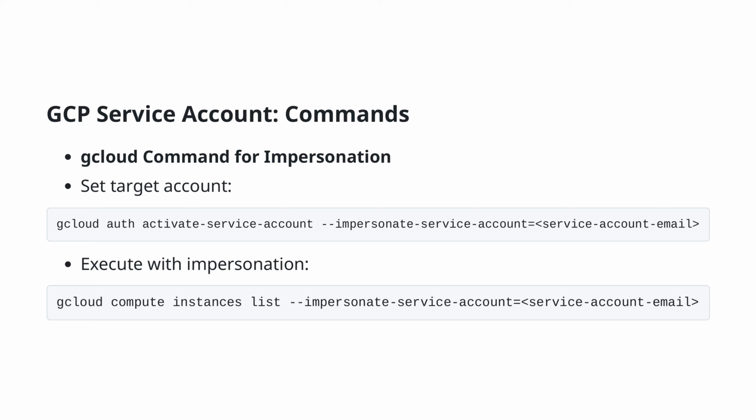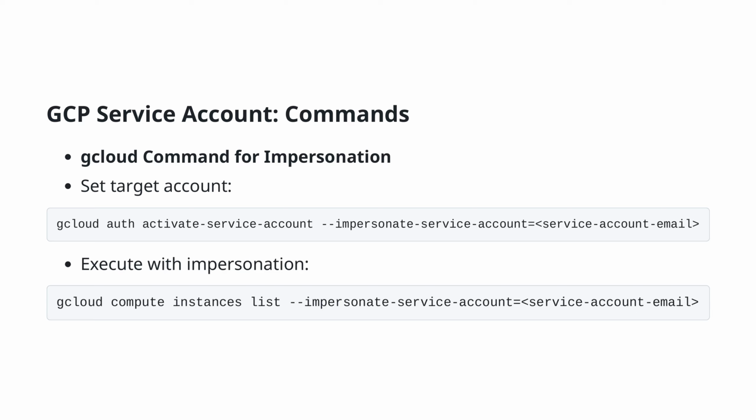In this slide, we focus on the specific gcloud commands related to GCP service account impersonation. To set a target account for impersonation, you would use the command gcloud auth activate-service-account --impersonate-service-account=SERVICE_ACCOUNT_EMAIL. This prepares your environment by activating the desired service account for impersonation. Once the target account is set, you can execute commands with impersonation.